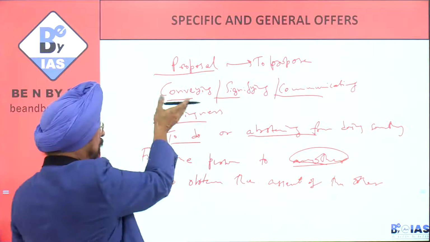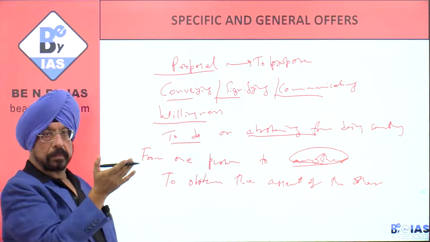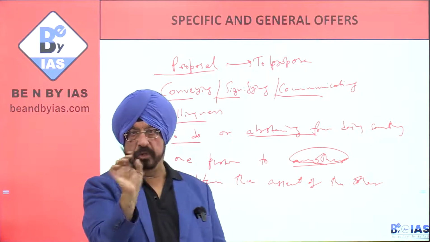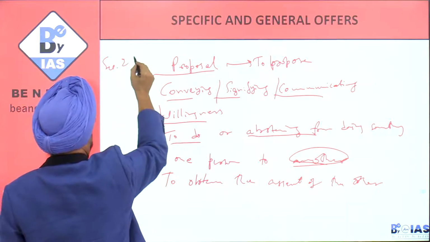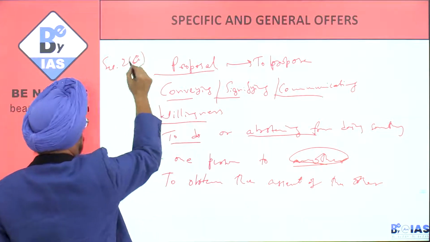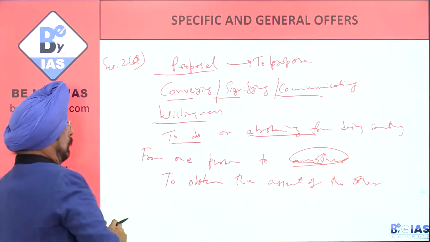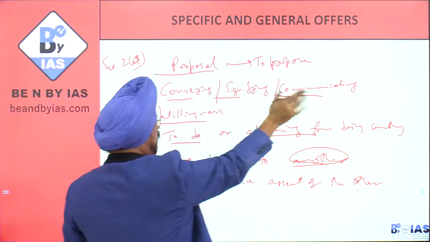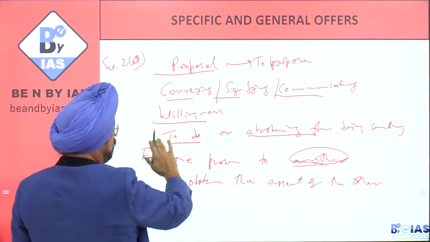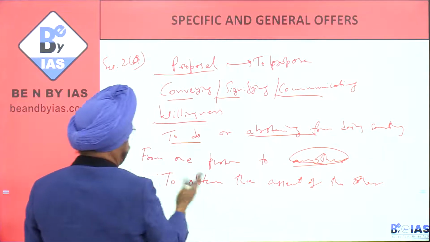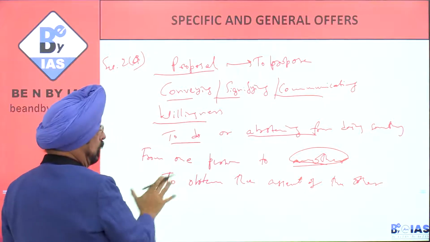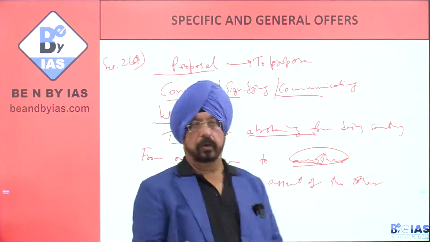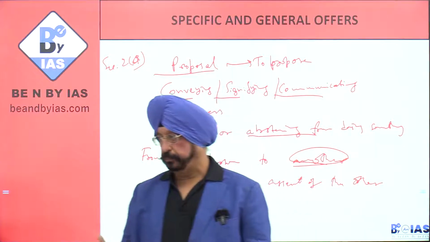So it's a breakup of Section 2(a). Conveying, signifying, communicating willingness to do or abstain from doing something from one person to another in order to obtain the assent of that other.